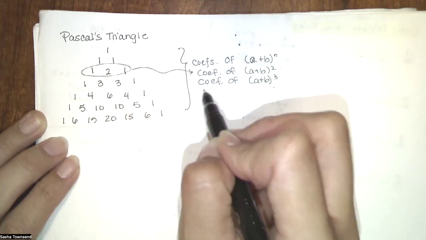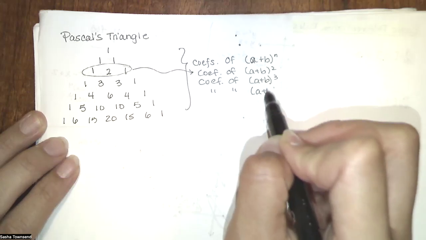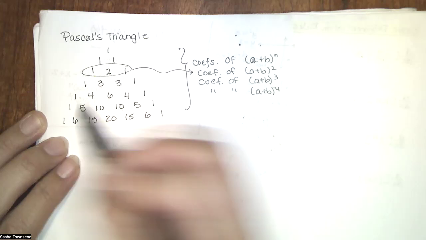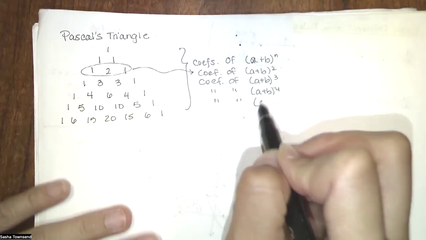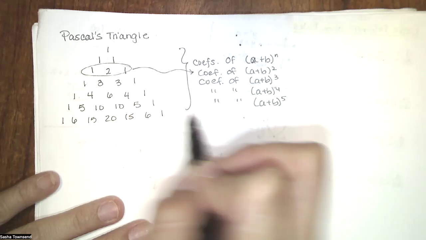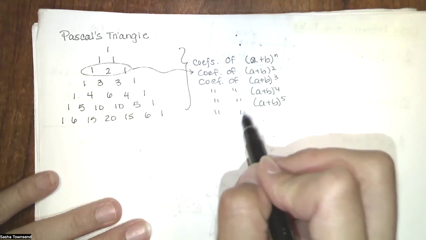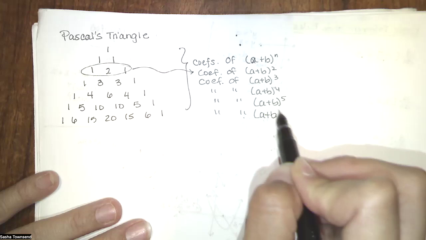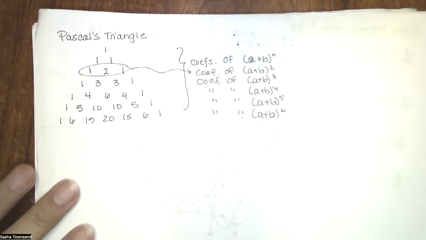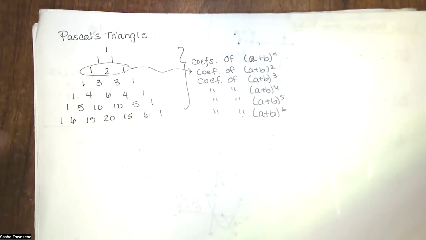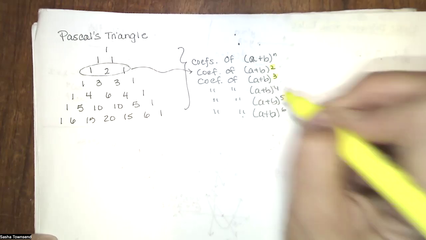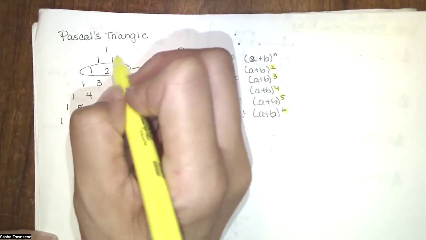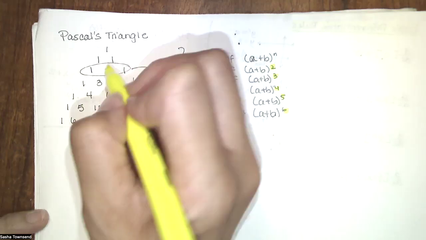These are the coefficients of a plus b to the 4th. These are the coefficients of a plus b to the 5th. These are the coefficients of a plus b to the 6th. And so we're looking for a pattern, a relationship between these exponents and these coefficients of that second term.